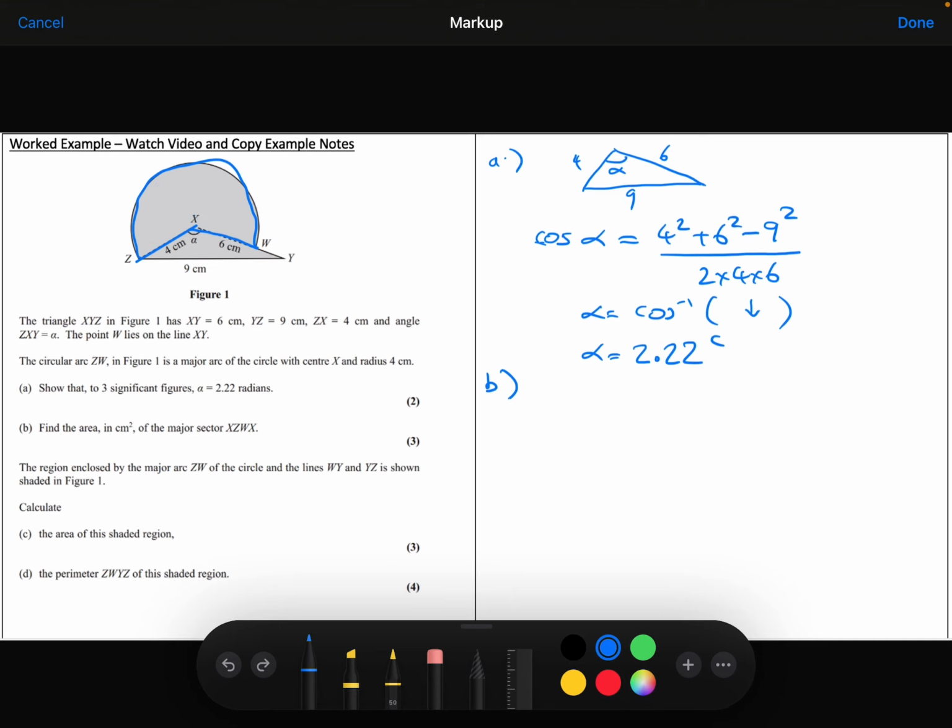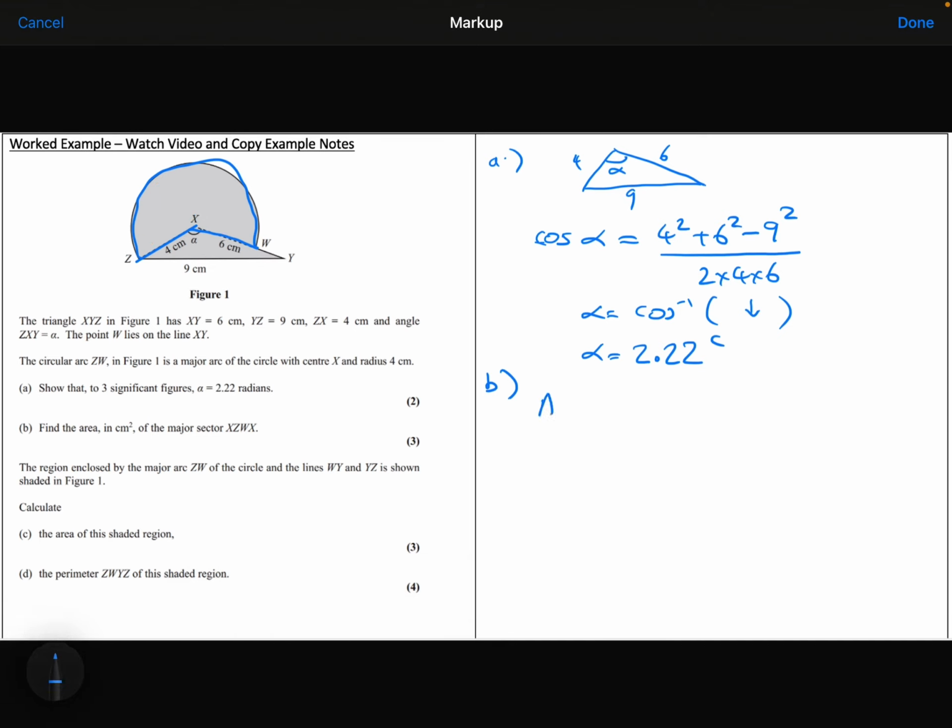Well, I know that the area of a sector, as long as I'm in radians, can be found by doing half r squared theta. In this case, I know that the radius of this sector is 4. The angle is going to be whatever this angle is.